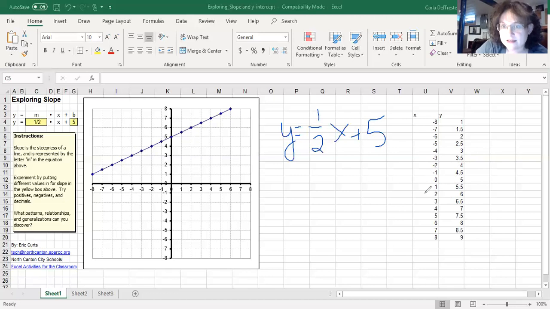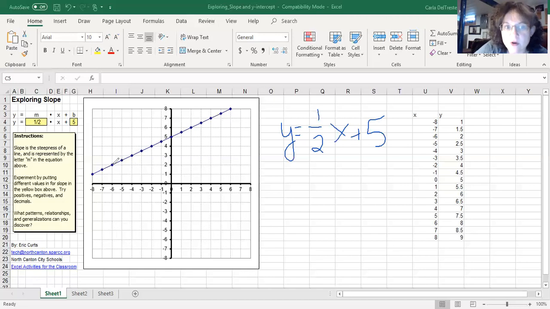So now these values are plotted over here on the graph, and let's see how we would walk this line. I would be walking up 1/2 and to the right 1, up 1/2 and to the right 1. Those are little tiny steps, and I would have to approximate 1/2 because that's not a complete step.